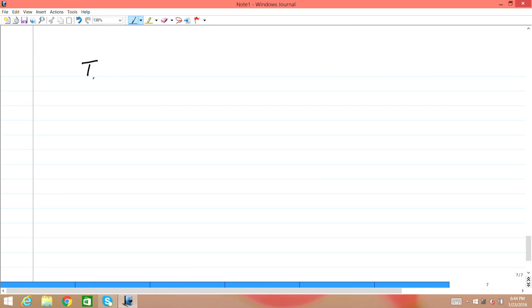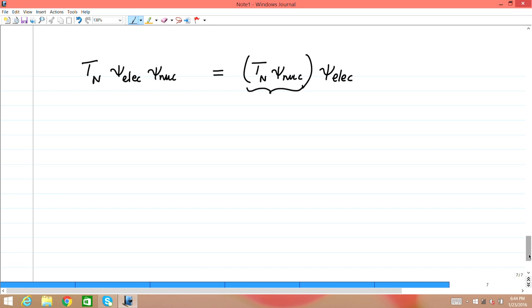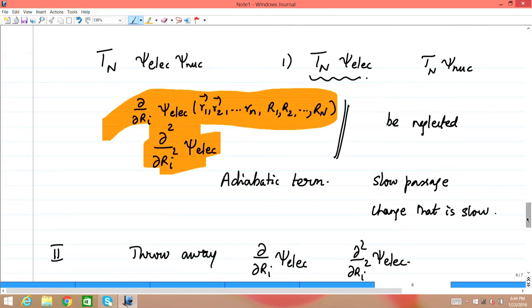Therefore, when you write Tn acting on psi electronic psi nuclear, essentially what you have done is to write this as Tn psi nuclear, because you have dropped off the dependence on the electronic coordinates. Therefore, this is the only thing. Now, you go back and see why these brackets are where they are.